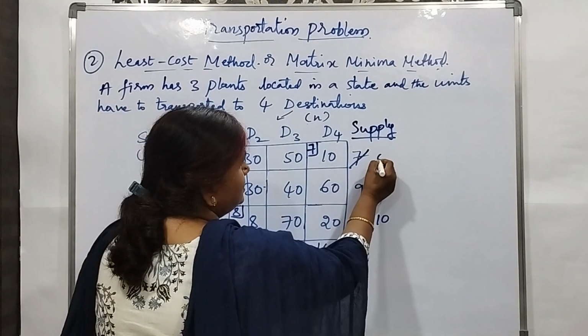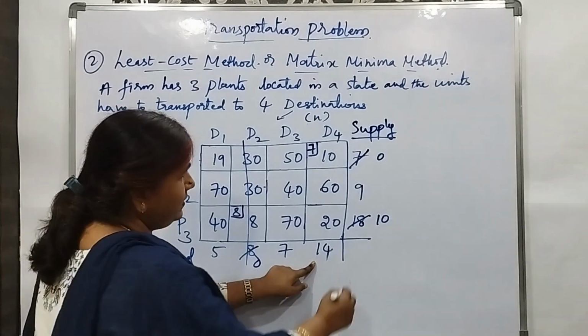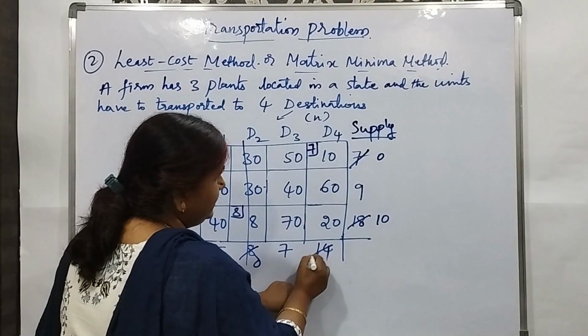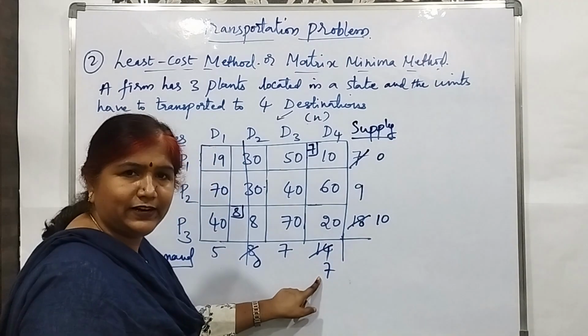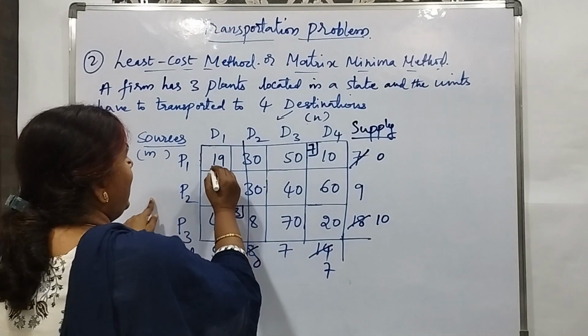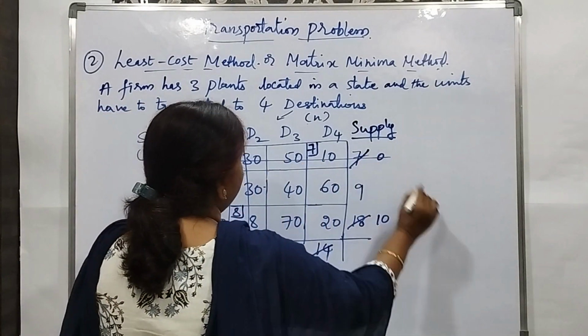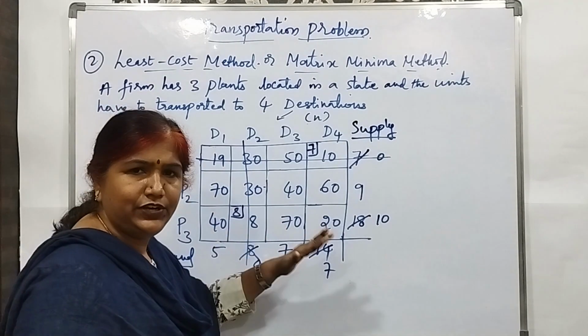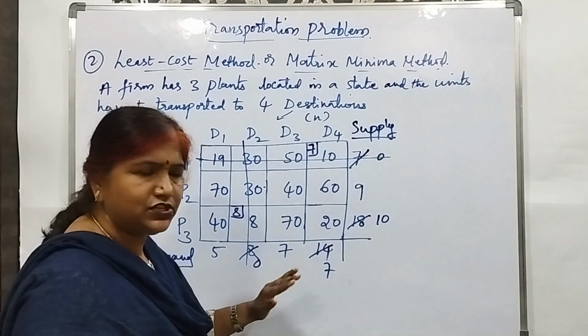Now this has been ruled out. It has been cut down to 0 from 7 units. Still 7 units have to be transported to D4 destination. Got it? And this first row has also been ruled out. We cannot allocate any units in this first row.